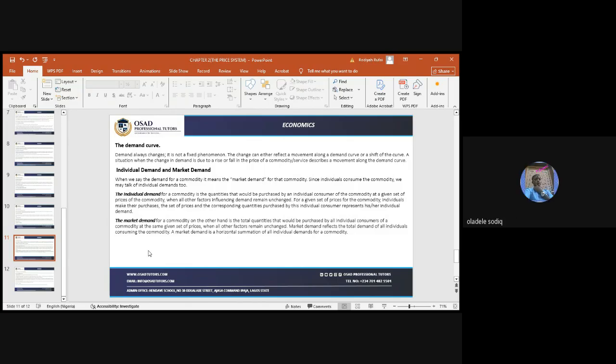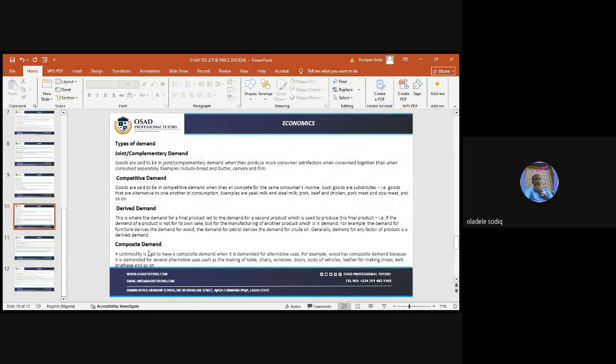Yes, competitive demand. What is the other name for competitive demand? Supplementary. So you are right. Supplementary demand or competitive demand. Then we also have composite, derived, and competitive demand. All of them are there.